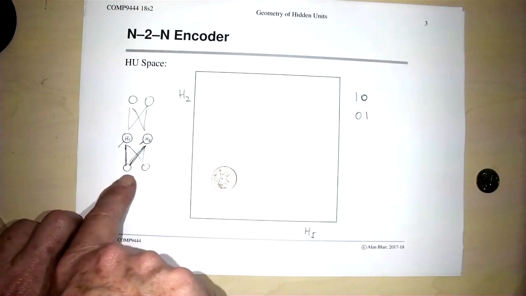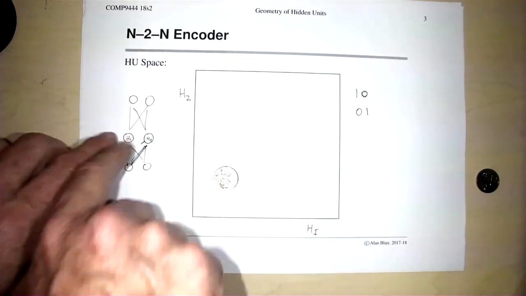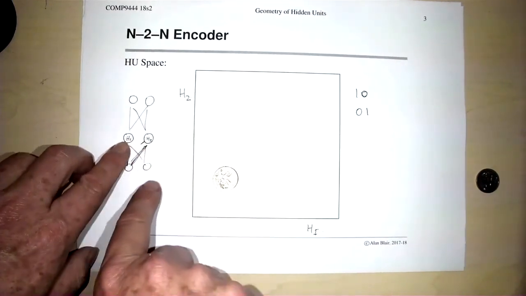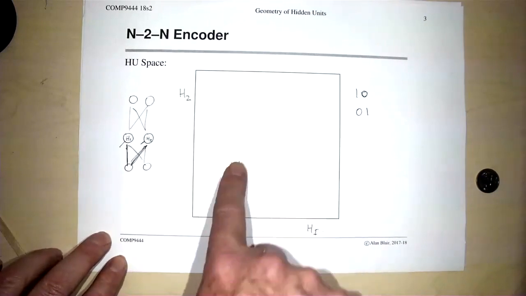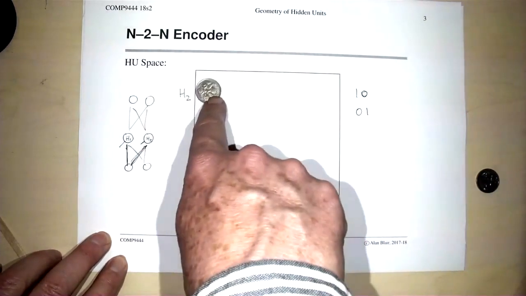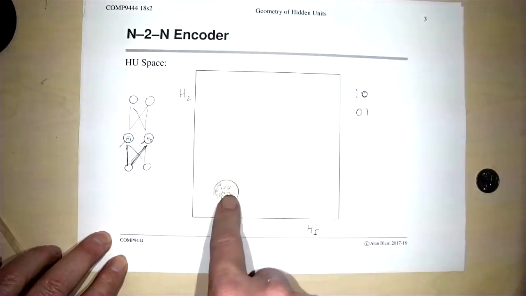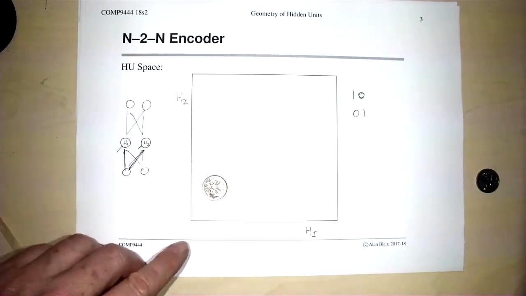If I present 1 here and 0 here, the activations of this hidden node and this hidden node represent a point somewhere in this space.